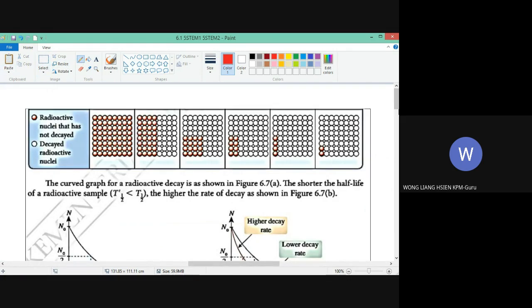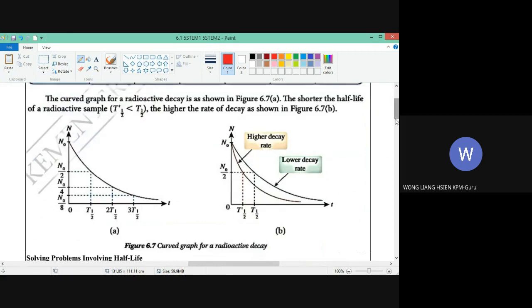Okay, so this is the decay curve. We can see this example of a decay curve. After one half-life, the number of unstable nuclei will decrease by half.